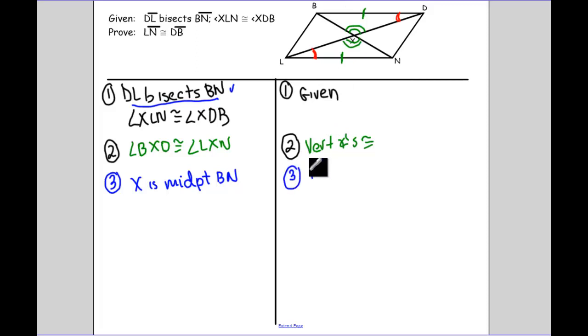And that's by definition of a segment bisector. Next. So if X is the midpoint of BN, I know this segment is congruent to that segment. So therefore, I know BX is congruent to XN by definition of a midpoint.